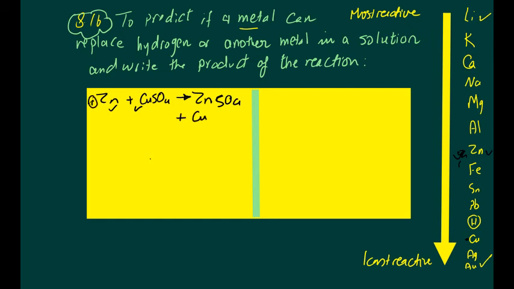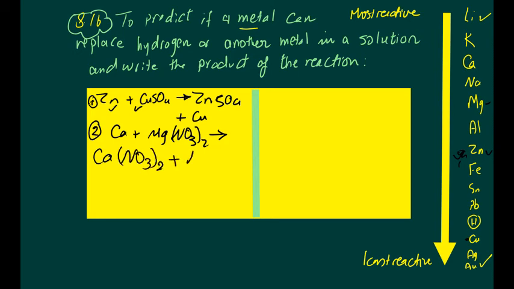In the same way, if I say calcium plus Mg(NO3)2, looking up the table, you will see that calcium comes before magnesium, so the reaction will take place. Calcium is going to take the place of magnesium, forming calcium nitrate plus magnesium.